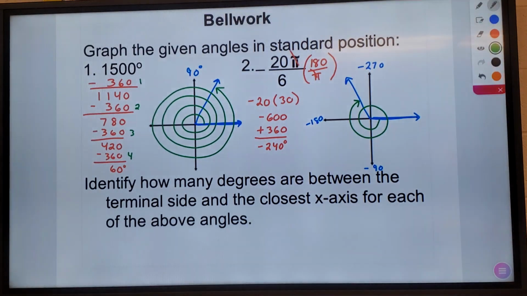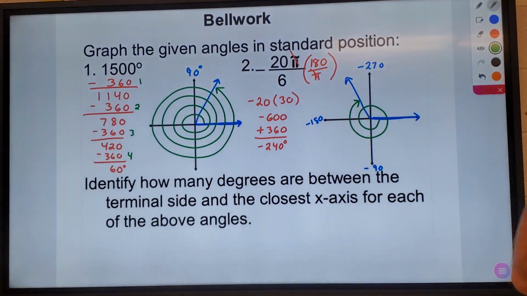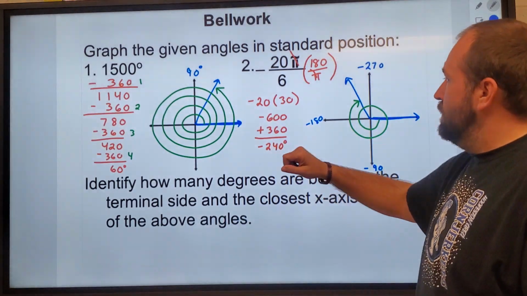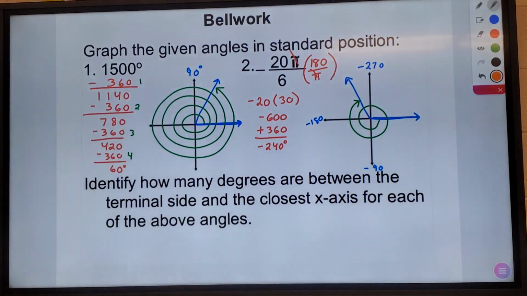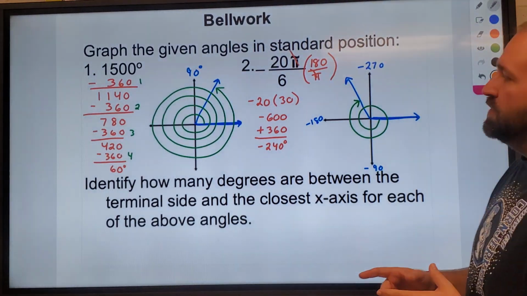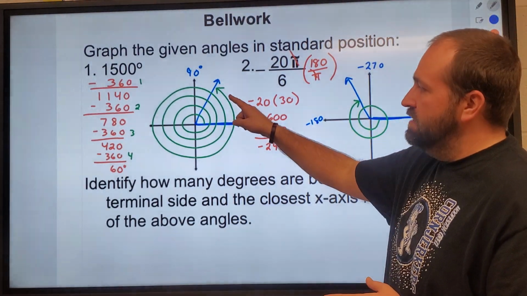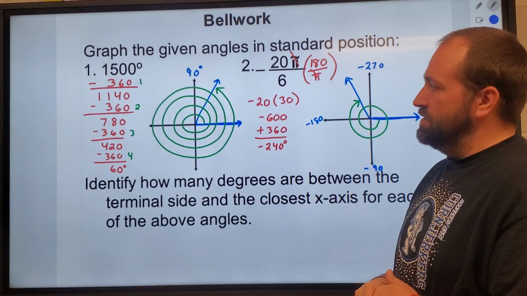On the bottom there, I'm asking you to identify how many degrees are between the terminal side and the closest x-axis for each of the above angles. So what I'm doing is looking at this terminal side, or the terminal side that you have, and I'm just looking at how many degrees between that and the closest x-axis.